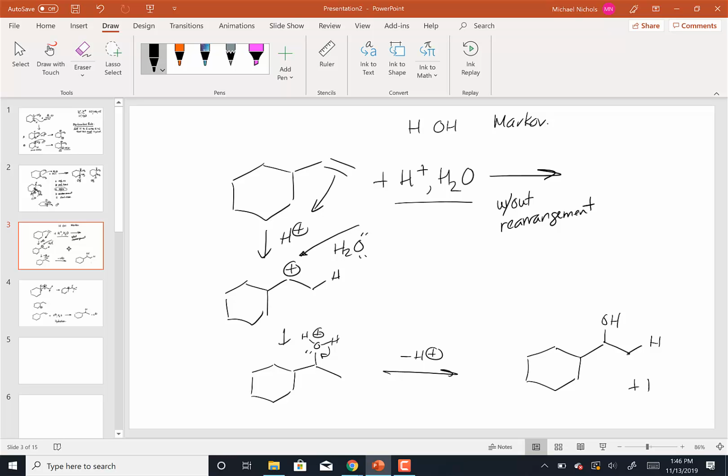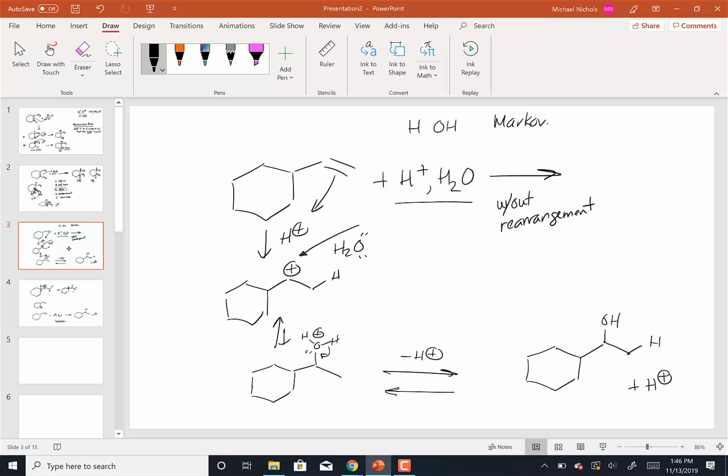We added H plus to the alcohol and went backwards to form the oxonium ion. And then what happened? It left to form the carbocation. And then what did we lose? A beta hydrogen to give us the double bond.